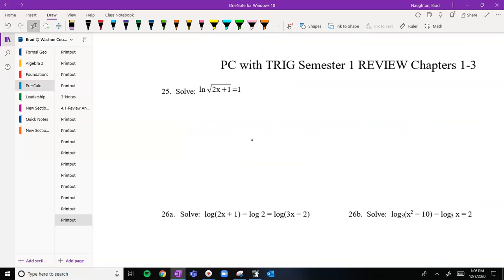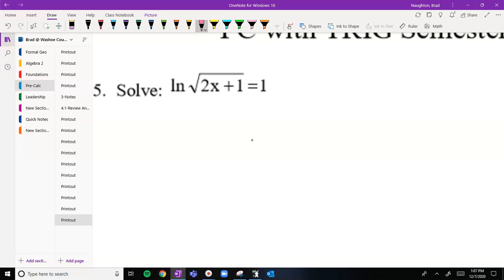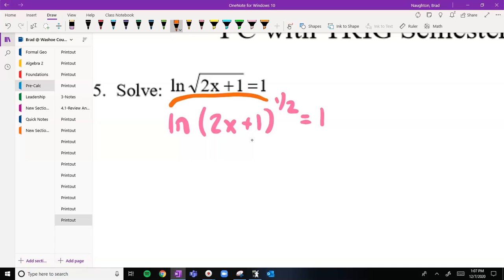So 25. All righty, so we have an ln here. So the first thing I'm going to do is remember that this square root is to say that ln, and I'm going to rewrite this as 2x plus 1 to the 1/2 power. Well, if it's to the 1/2 power, just like we did with the expanding, we can put that in front.